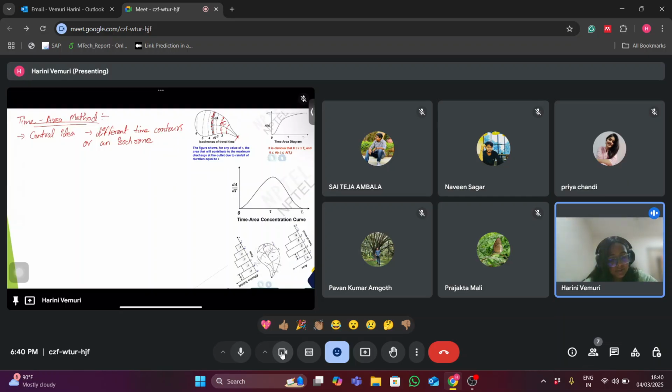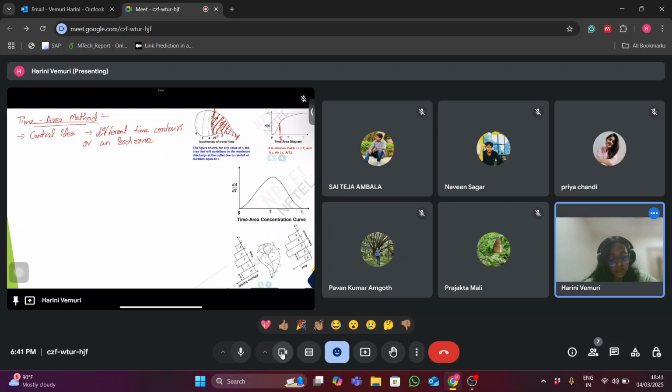Suppose we have time tau. What is the area contributing water to this outlet in time tau? It will be this entire area. In tau time, whatever water falls on this part will reach the outlet, right?